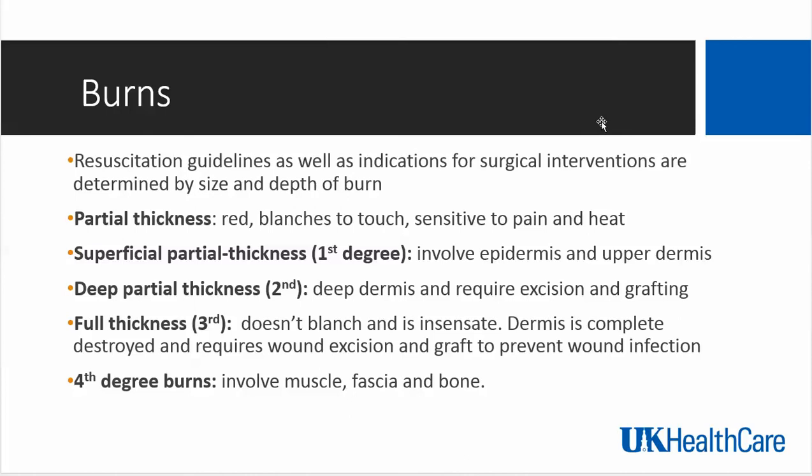The next stage is superficial partial thickness, also known as first degree burn, and involves the epidermis and upper dermis. Second degree burns, which are deep partial thickness, involve the deep dermis and require excision and grafting. Third degree burns, which are also known as full thickness burns, don't blanch and are insensate. The dermis is completely destroyed and the patient requires wound excision and graft to prevent wound infection. Fourth degree burns involve muscle, fascia, and bone.